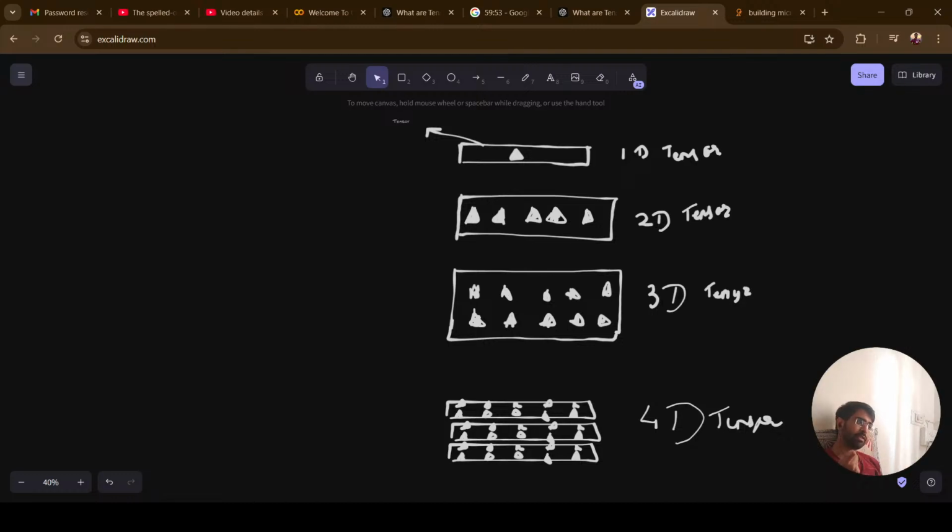For example, if there is only one data point, then it is called a 1D tensor. If there is a row of them, then it is called a 2D tensor. If there are rows arranged in a column-wise manner, then it is a 3D tensor. And if these tensors are stacked on each other, then it is called a 4D tensor.